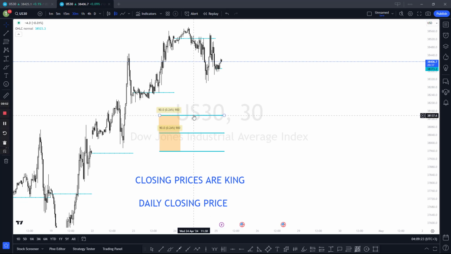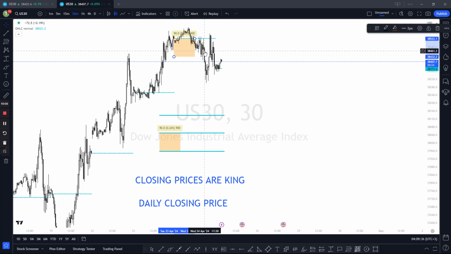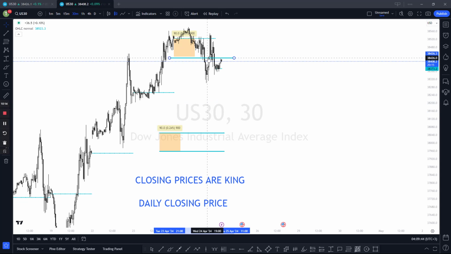We're going to layer this on a chart for today. So this was yesterday. Today is Wednesday, so we're going to use Tuesday's closing price to create levels from.